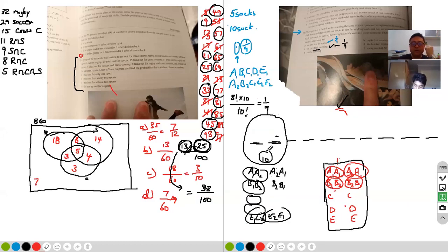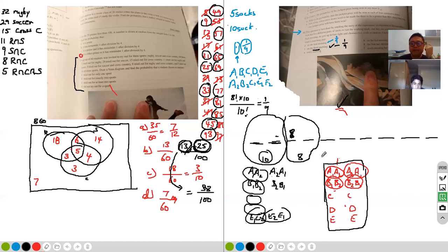That's 10, right? Now, after we choose those 10, how many cards are left over? There'll be 8 left over. How many ways can you choose a matching pair from 8 remaining cards? 8. So you can choose A1, A2, B1, B2, C1, C2, D1, D2. So there's 8 ways of choosing this one.